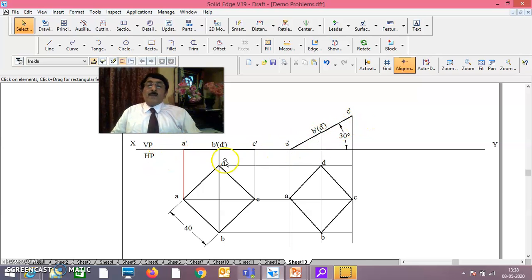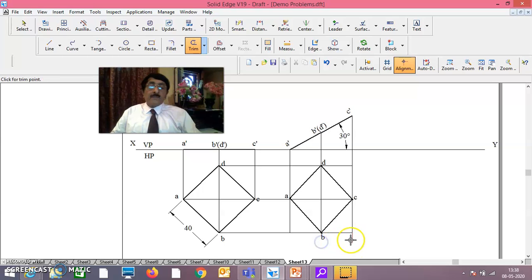That is why we move, copy and rotate in such a way that it is inclined at 30 degrees to HP. We are done, and we have got the projectors from here, and I got the locators here A, B, C, D and all that. Whatever is extra you can trim off here. Okay, trimmed it off.